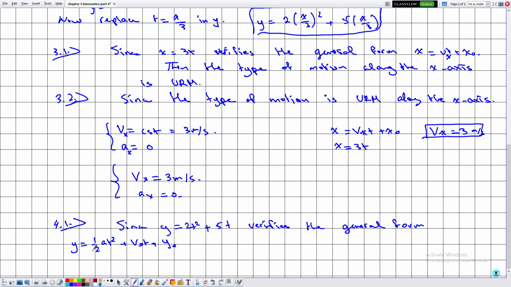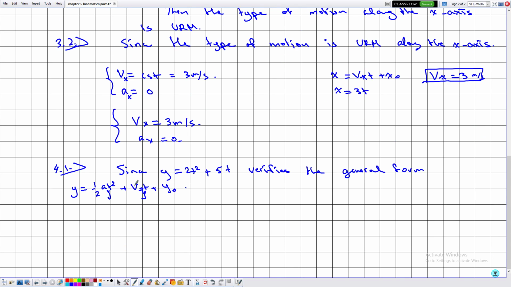Now, because we are talking about the y component, let's give all the quantities the label y. Since it verifies the general form y equal to half ay t squared plus v0y t plus y0, then the type of motion is UVRM along the y-axis.